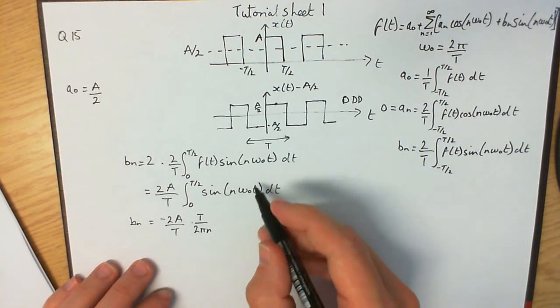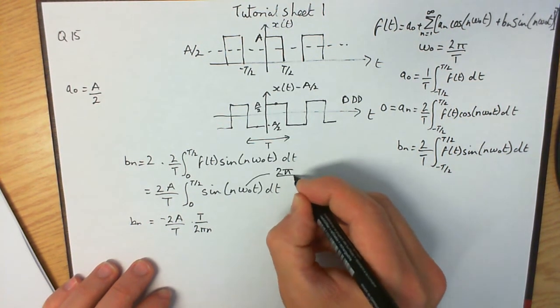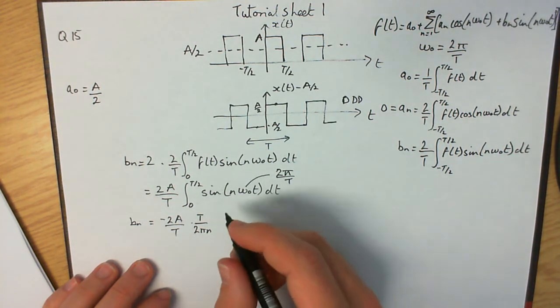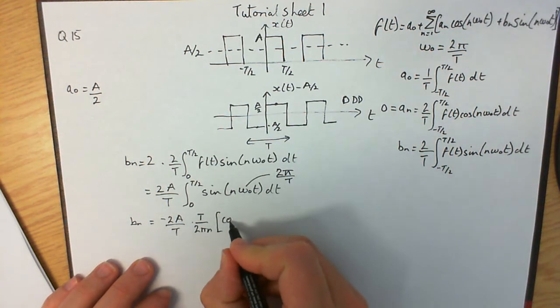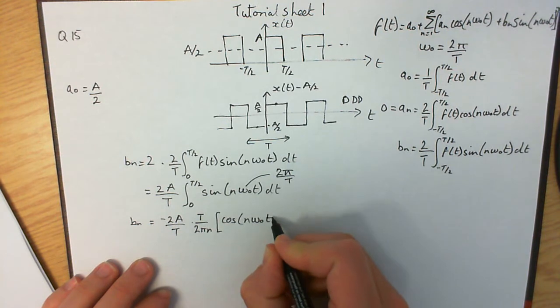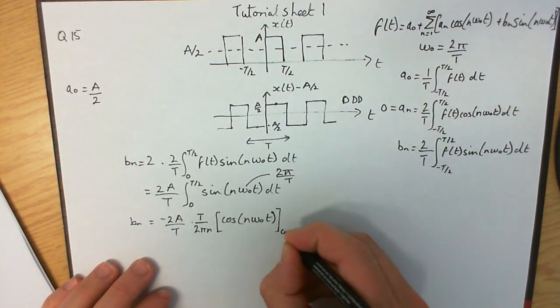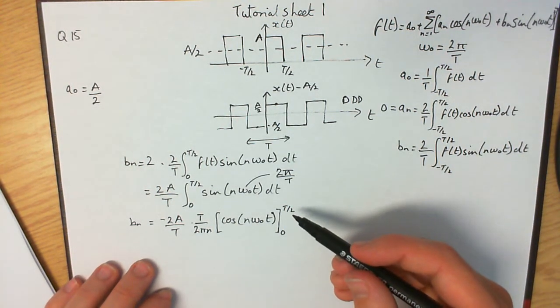Otherwise, we're remembering that omega naught is 2 pi over T, multiplied by cos of n omega naught t between the limits of 0 and T over 2.